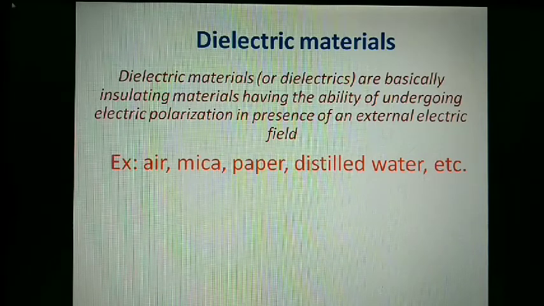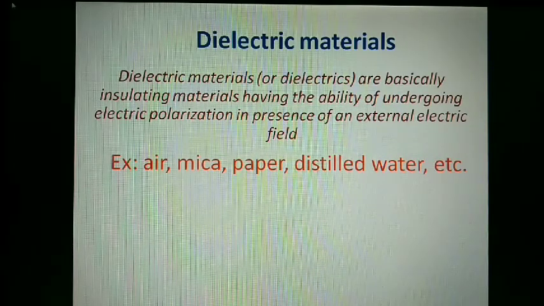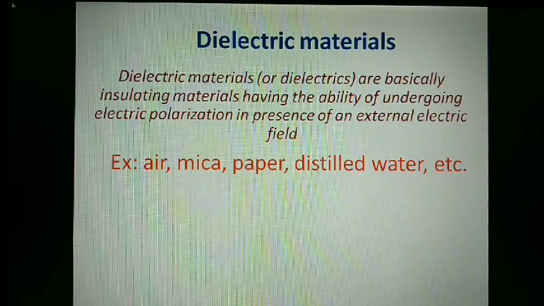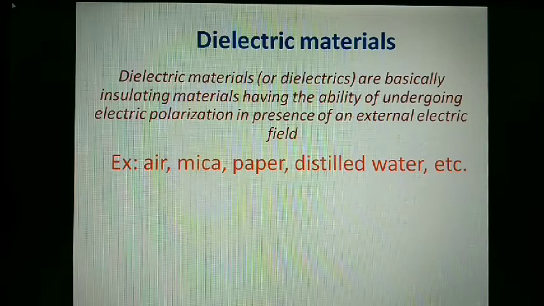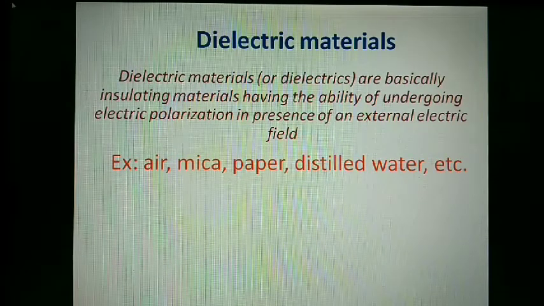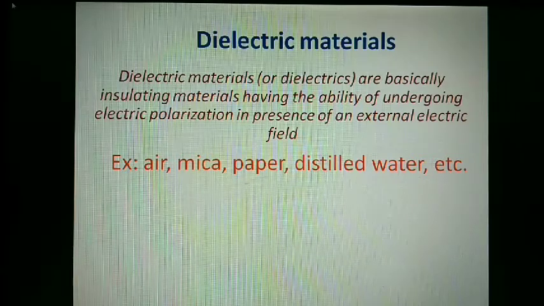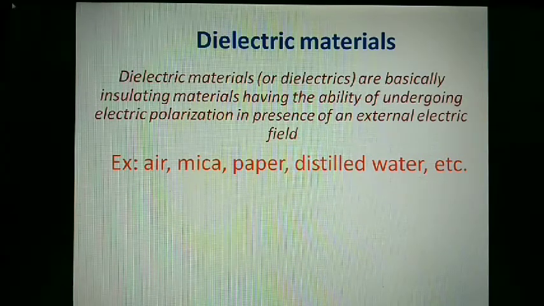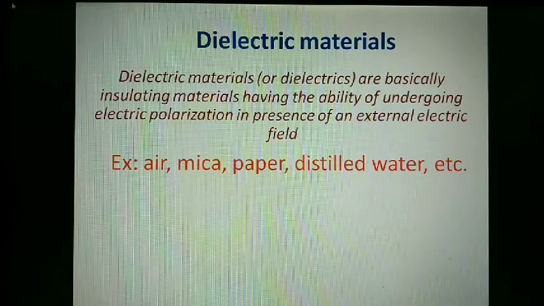There are many examples of dielectric materials. For example, air that we breathe is also an insulator, so that can act as a dielectric material in a capacitor. Mica, paper, distilled water, wood, they are all insulating materials but having dielectric properties.